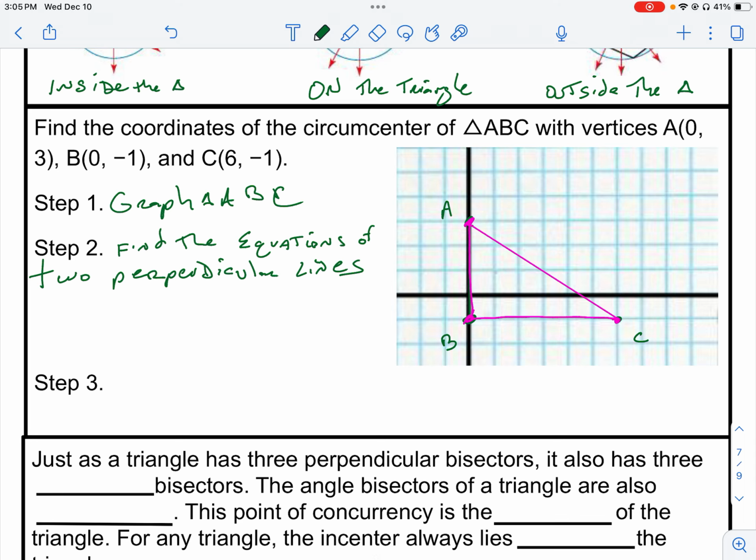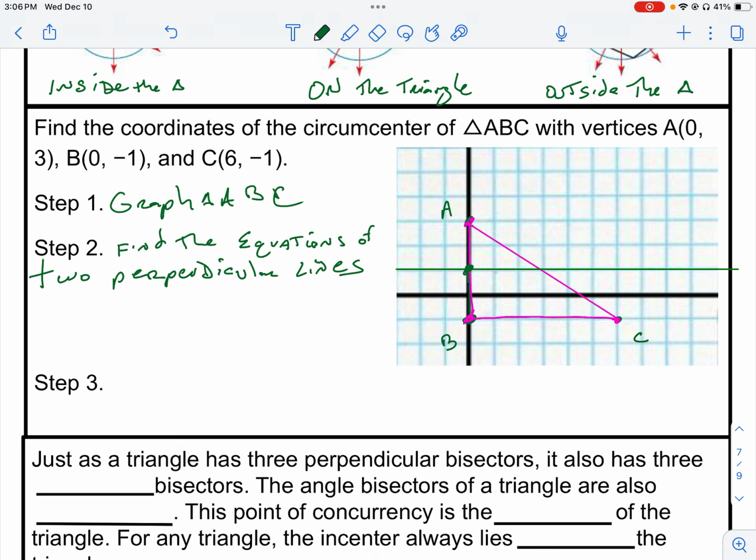All right, well, since we have a right triangle that is very neatly placed on grid lines for us, I'm going to choose to find the midpoint of AB. And 1, 2, 3, 4. There's going to be that midpoint. It is a vertical line, so my line perpendicular is going to be a horizontal line.